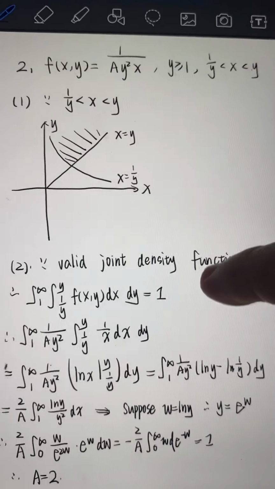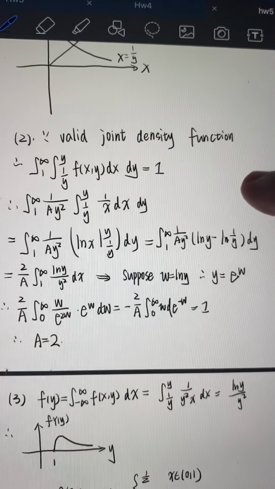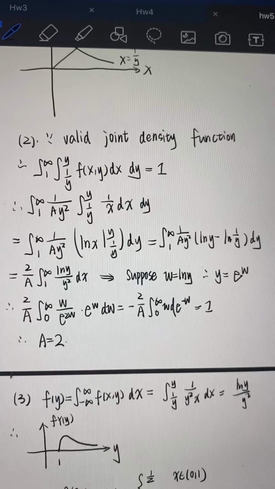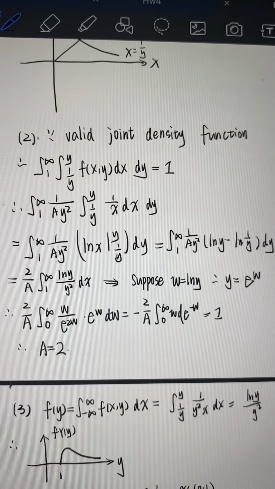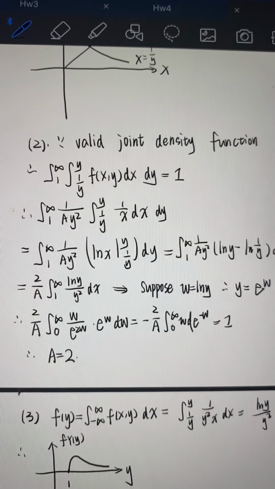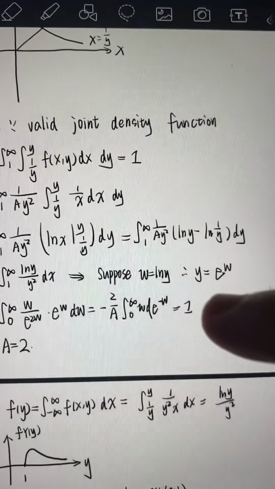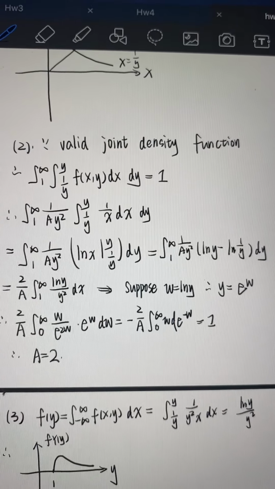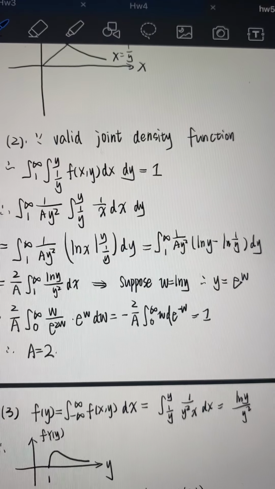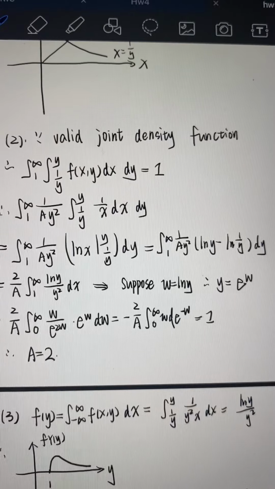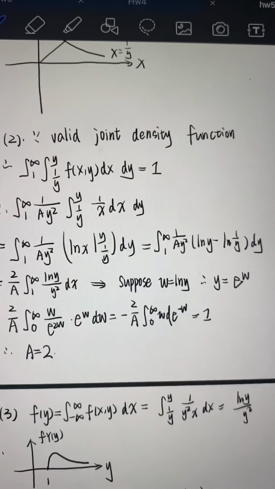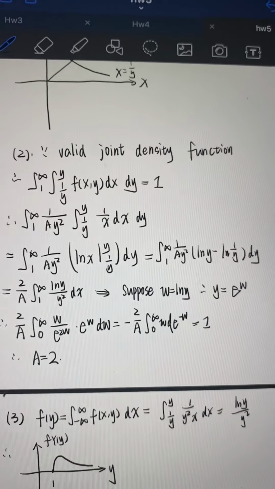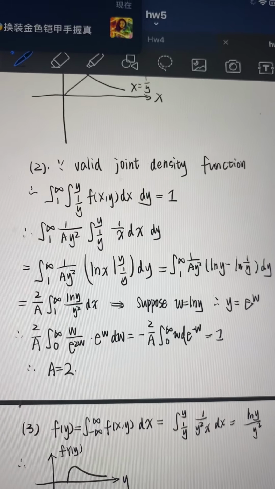So from these following steps, we can find that to make this formula equal to 1, we should make sure that a equals 2, because we can find from the final step that the second part of the formula is equal to -1, so we should make sure that -2 divided by a is equal to -1, so a is equal to 2.